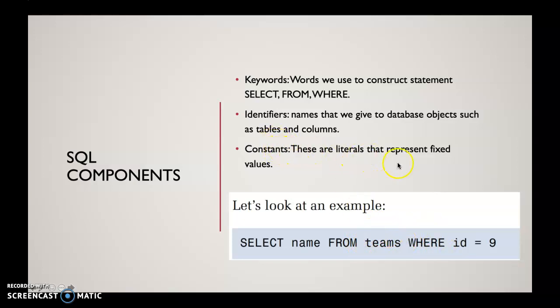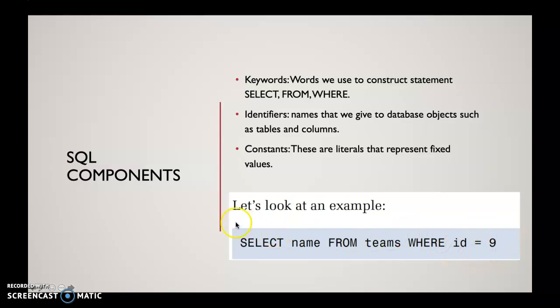And the constants would be like the number, because it's what we're looking for. In this example, this means that from a list or from a table, we're going to select the name from all the teams that are listed on the table, the teams that have the ID 9.